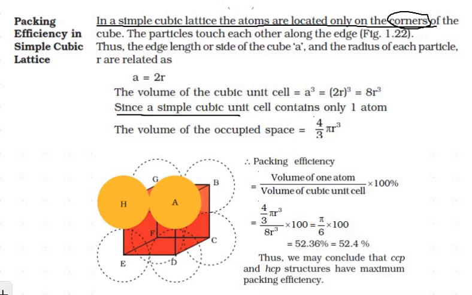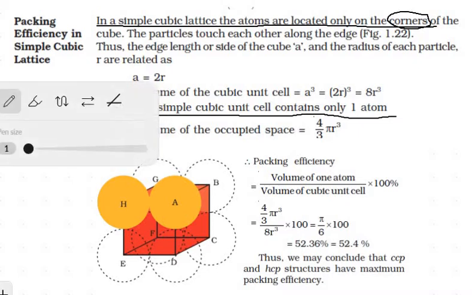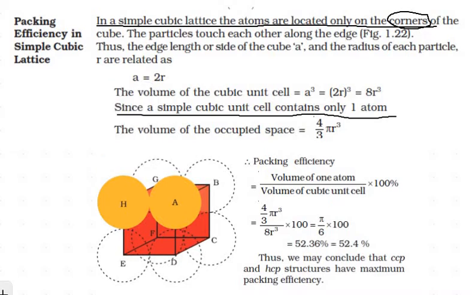Please note, a simple cubic unit cell contains only 1 atom. How do you know that? You may write this as 8 into 1/8. This is how it came.